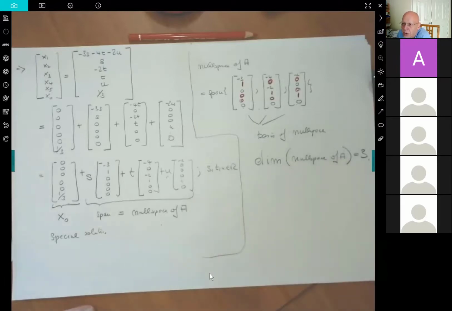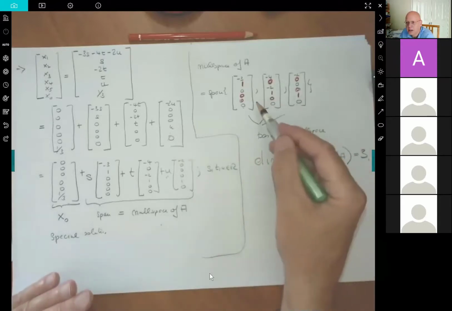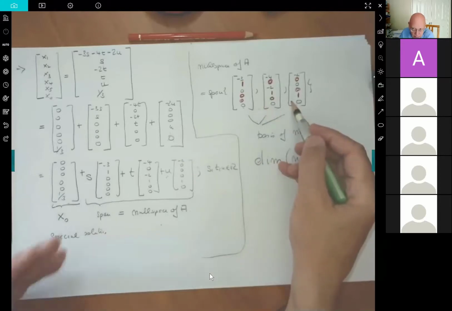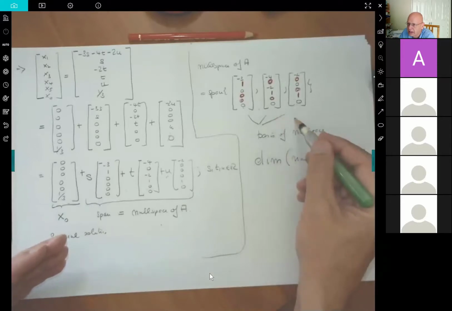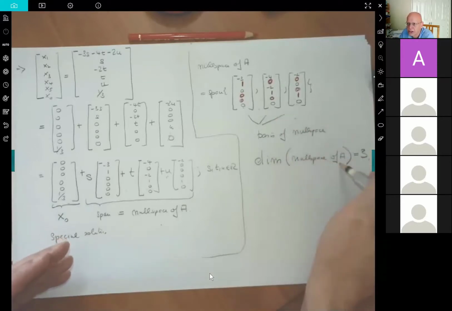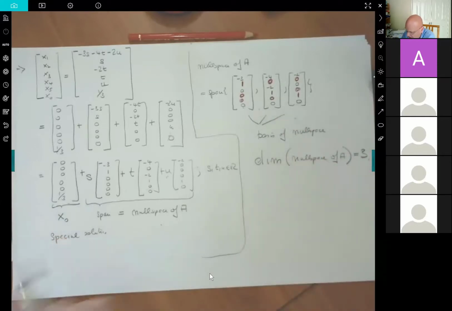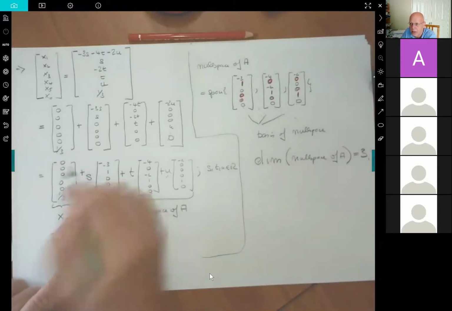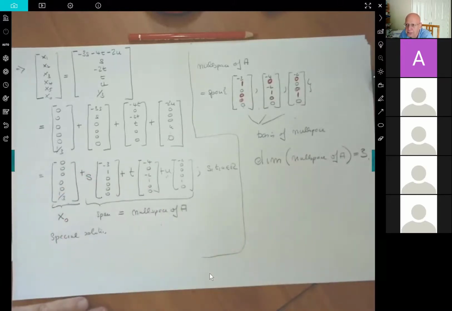So now we know what we get here is always a basis, guaranteed, and the number of basis vectors is always equal to the dimension of the null space. And then the remaining part is always one fixed special solution. So that's also what I meant at the beginning of these 2 sections.